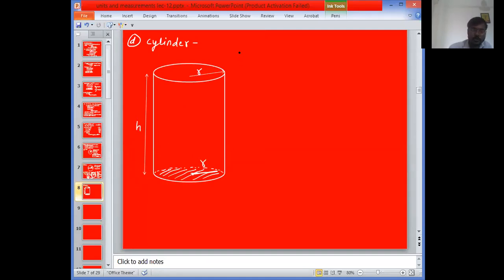So what you can do is, first of all, write down the formula for lateral area. Forget about the top surface area and the bottom surface area. This curved surface area is called lateral area.